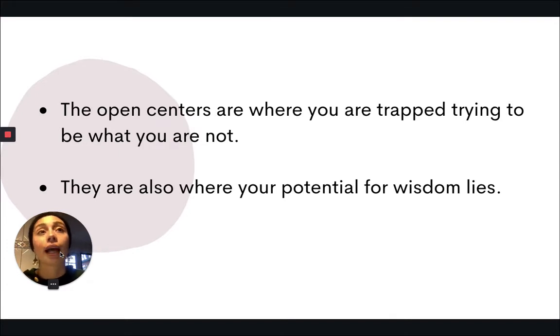Because if you can identify that those energies are not actually yours, it doesn't mean you're going to stop feeling those energies. It doesn't mean they're going to stop affecting you per se, but you will be able to observe them and to know that they're not yours and to not make decisions based on them. So that's the whole point of knowing what is defined in you and what is undefined.